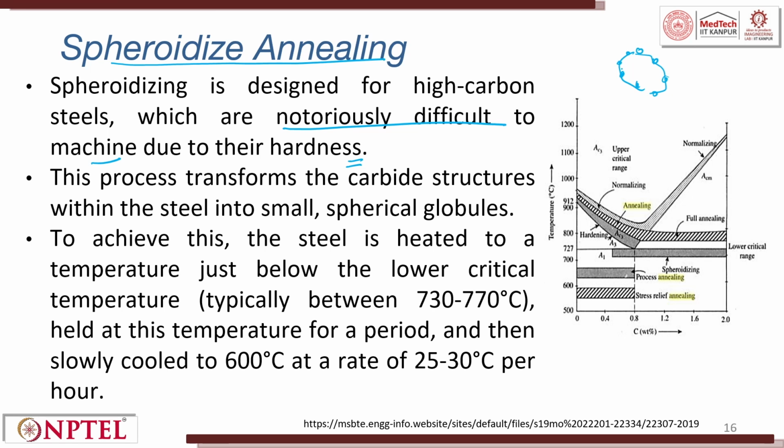To achieve this, the steel is heated to a temperature just below the lower critical temperature, held at that temperature for a period and then slowly cooled to 600 degrees Celsius at a rate of 25 to 30 degrees Celsius per hour. So, this is spheroidal. You take it to 730 to 770 and then bring it down 25 to 30 degrees per hour, you slowly cool it.